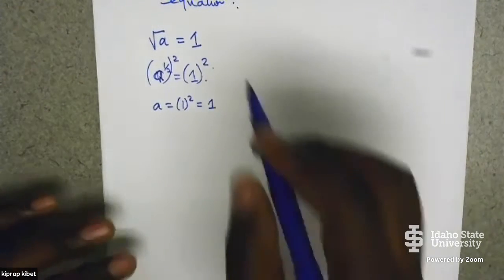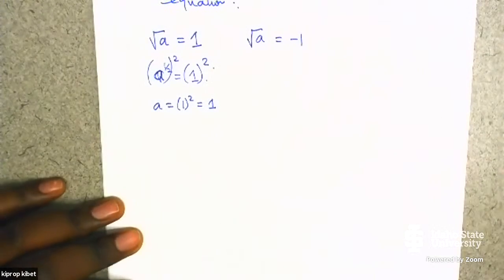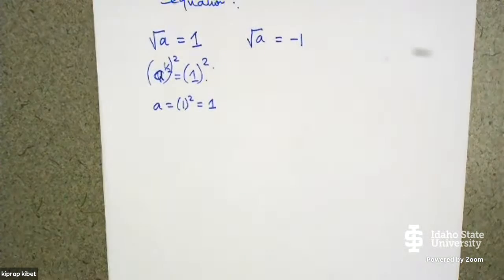Now, if we had the square root of A equal to a negative number, is there a solution there? Do we have a square root which is giving us a negative? No, right? So in that case, there is no solution.